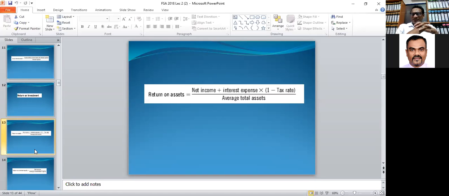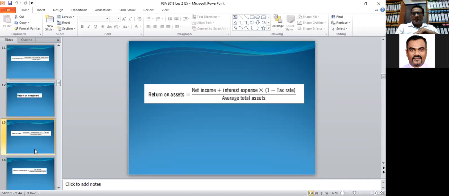Now what is this? Net income plus interest expense. You are adding back the interest expense, but you are taking the after-tax profit. You deduct tax, but you add back interest. So what is this numerator? Can someone define it?